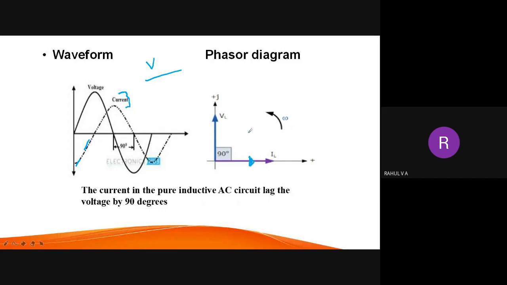Here this is current, the reference axis, and by 90 degree the voltage phasor is leading in the anti-clockwise direction. So that's the analysis of the pure inductive circuit.